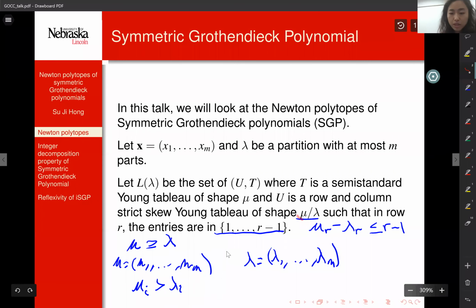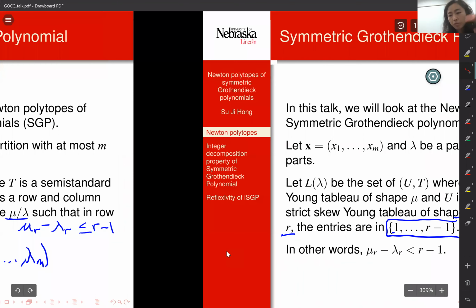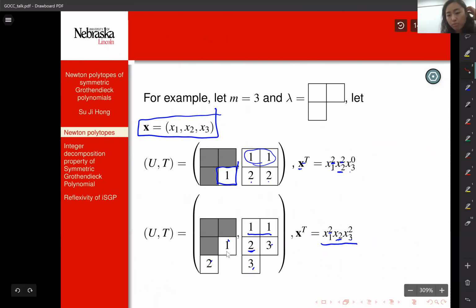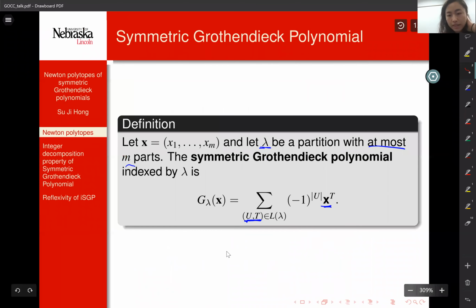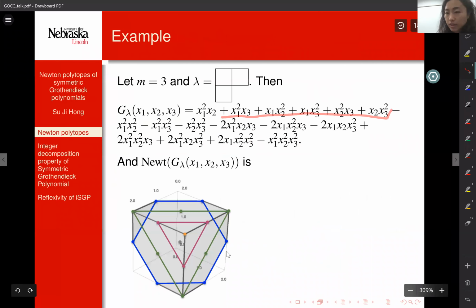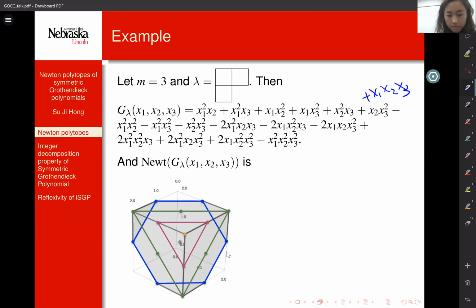So lambda gives the base structure for this symmetric Grothendieck polynomial, and it will always give you the homogeneous part of the lowest degree. And as was mentioned, there should be x1, x2, x3. In fact, I think the comment from Martha Yip says that there should be a 2 times x1, x2, x3, but it's going to have the same Newton polytope either way.